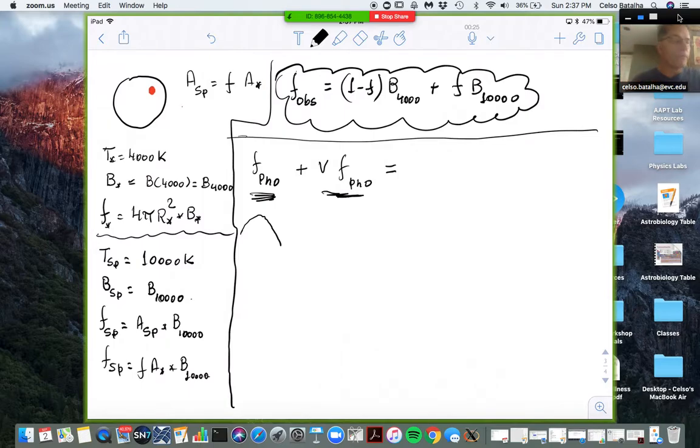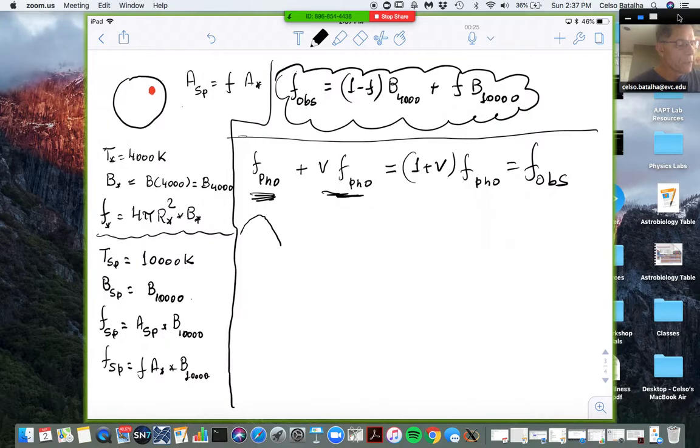That's how we set veiling. So it's pretty much 1 plus V multiplied by the photospheric flux, and this is basically what we observe.